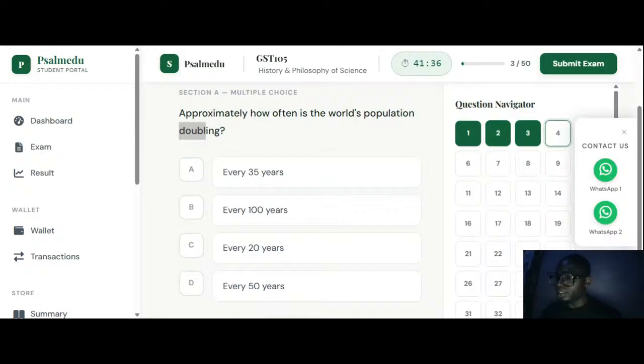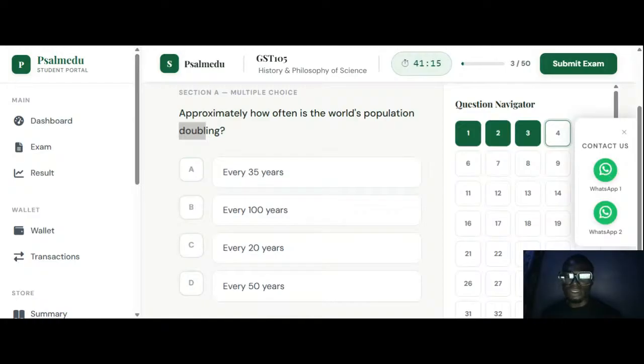Somebody is saying D, 50 years. Should we go with the person saying 50 years? I don't believe you at all. Maybe we should go and read if we don't know it.